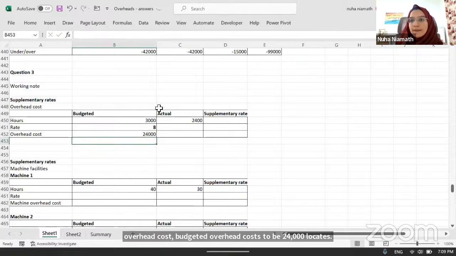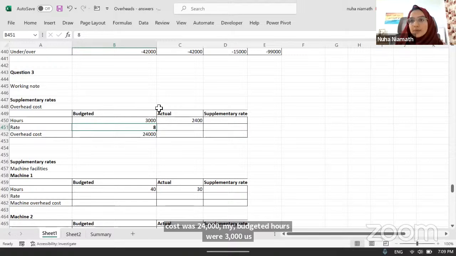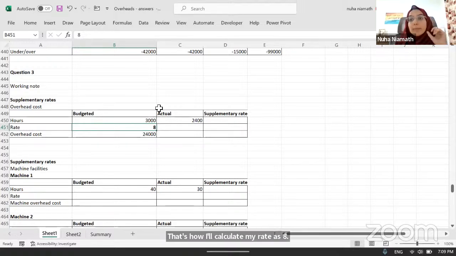Everybody's clear so far? So if my overhead cost was 24,000 rupees, my budgeted hours were 3,000 hours. That's how I'll calculate my rate as 8, because budgeted cost by the budgeted hours will give me the predetermined rate. This is the predetermined rate, 8 rupees.